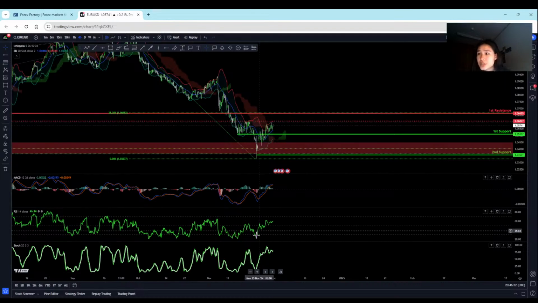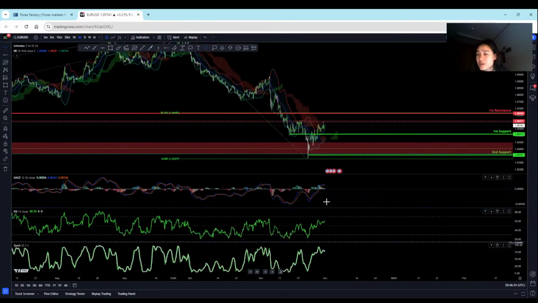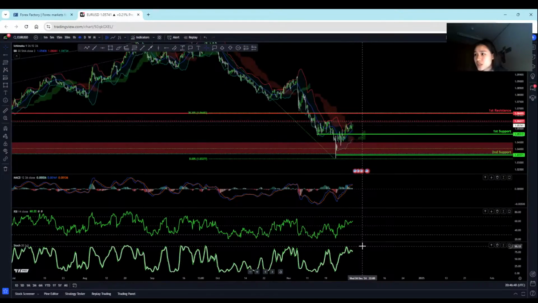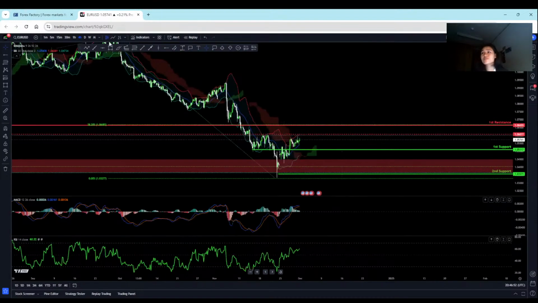MACD, we mentioned that already. RSI, you can see is moving upwards as well, although we don't really have any trend lines here. But you can see that uptrend. Stochastic isn't really telling us much right now, so I'm going to remove that.